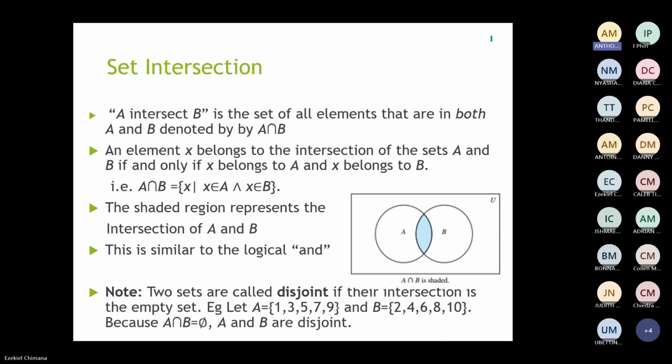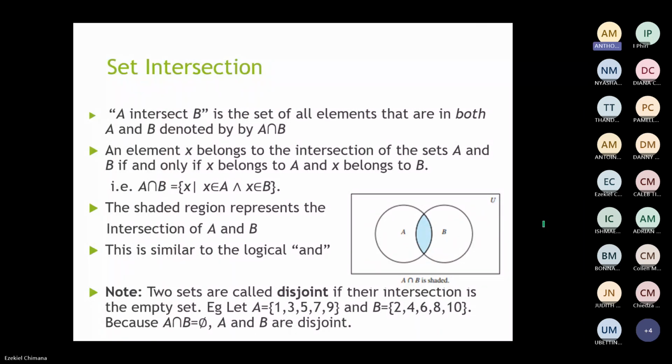An element x belongs to the intersection of the sets A and B if and only if x belongs to A and x belongs to B. The shaded region represents the intersection of A and B. This is similar to the logical AND.